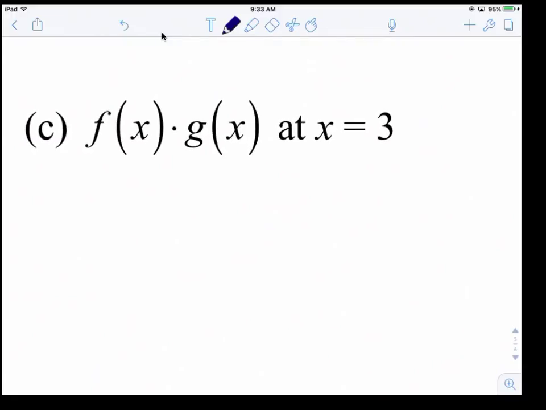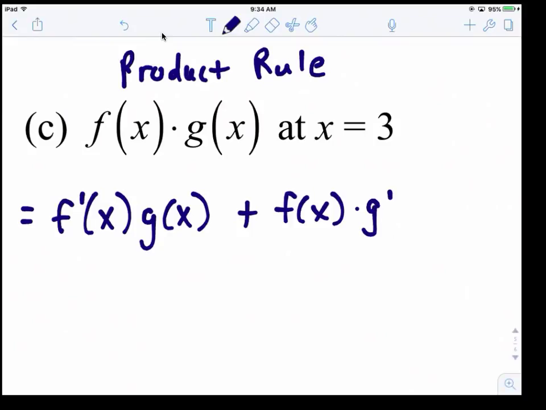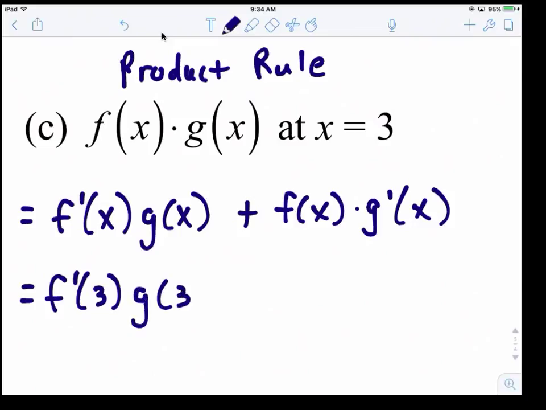All right, letter C, f of x times g of x. So this is going to require you to do the product rule. I have the derivative of the first times the second, plus the first times the derivative of the second. So I have f prime of 3 times g of 3 plus f of 3 times g prime of 3.